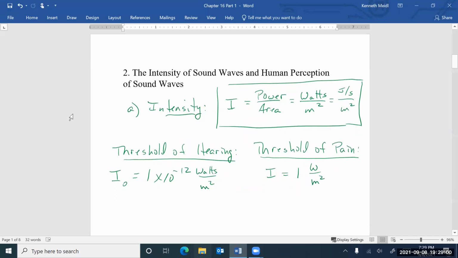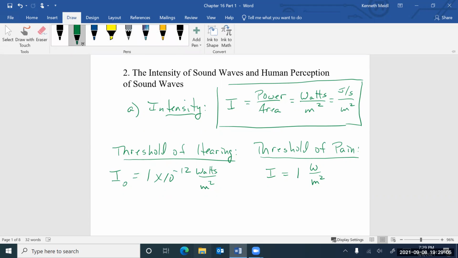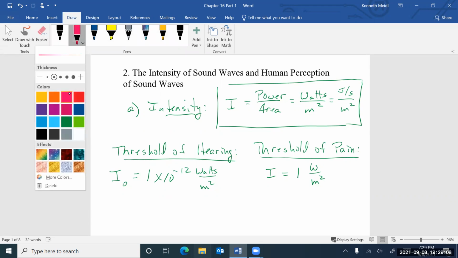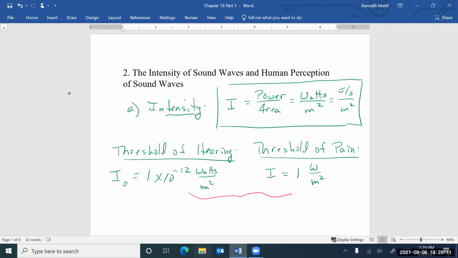Looking at this, engineers and scientists are probably not going to be happy dealing with this scale, from what you barely hear at the bottom to the top, where you are creating a physical sensation in the person's eardrum. There's a difference of 10 to the 12 powers. That's a trillion difference. This is screaming for some compaction of the scale, because human beings just don't like numbers spread out over a trillion.